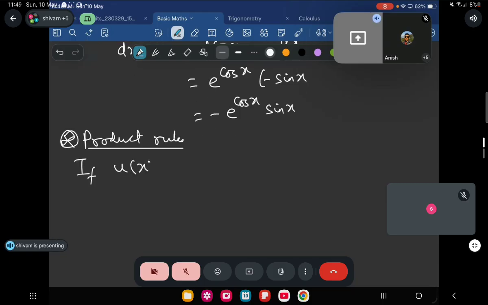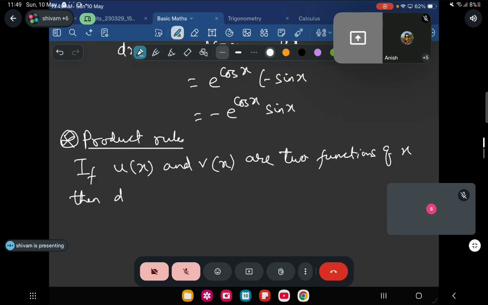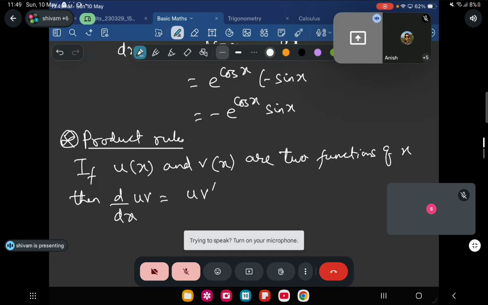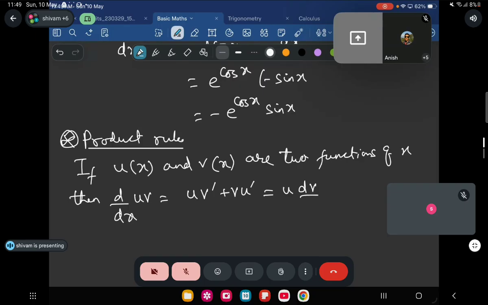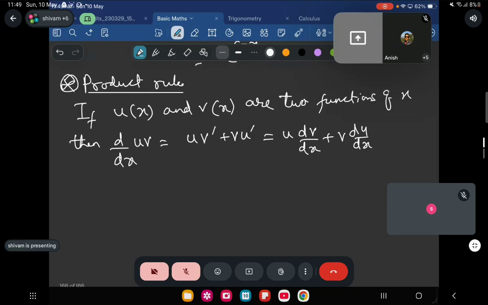If u of x and v of x are two functions of x, then d by dx of uv will be equal to uv dash plus vu dash, that is u dv by dx plus v du by dx. Tell me, are people getting? u dv by dx plus v du by dx. Then next we have quotient rule.